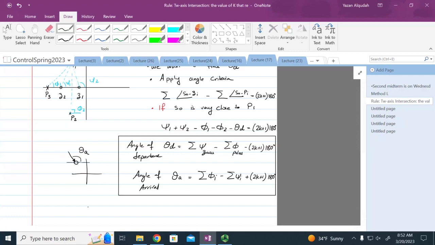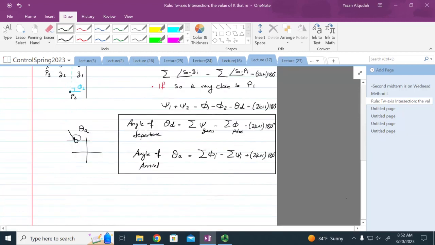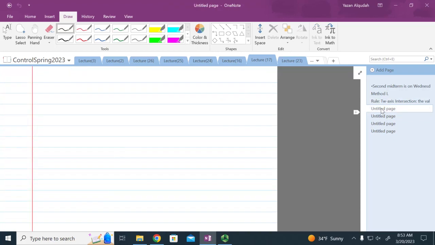Okay. Let's do an example. And then we'll do a full root locus plot. Okay. So as an example, we are given the system below.